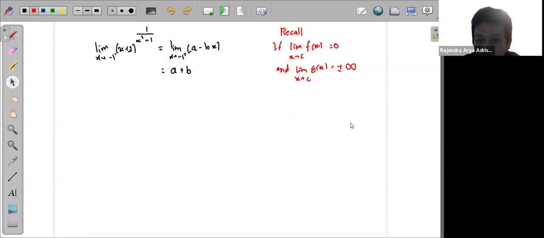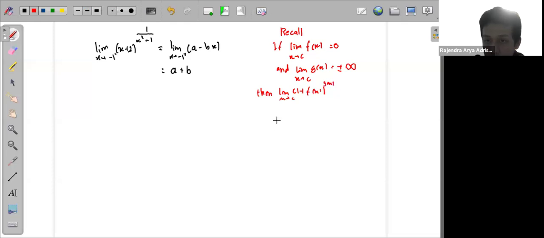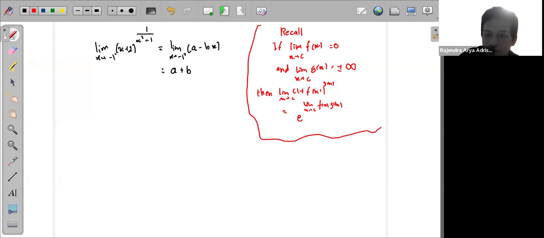Let me rewrite the whole thing, it got messed up. Then the limit of 1 plus f of x to the g of x equals e, the Euler number, to the power of the limit as x approaches c of f of x multiplied by g of x. Okay, this theorem you should have learned from class.